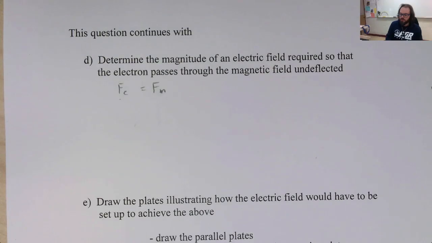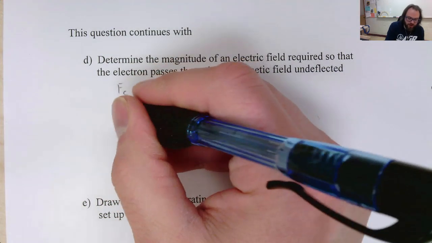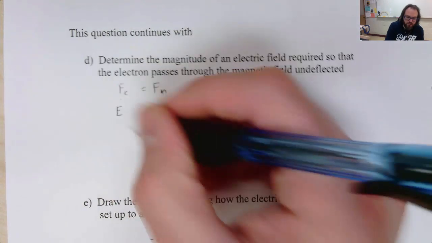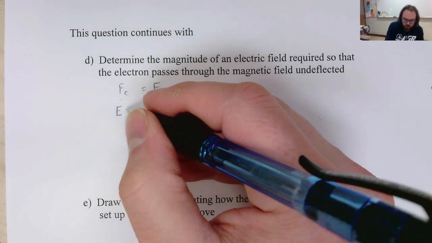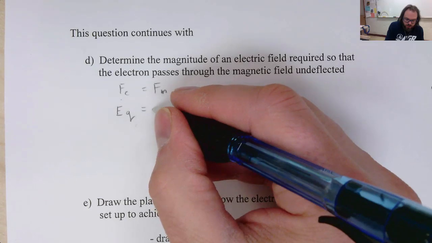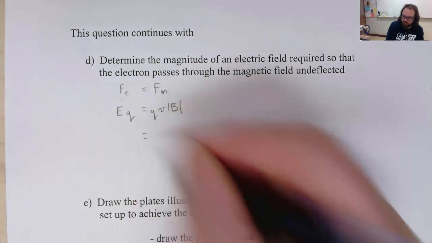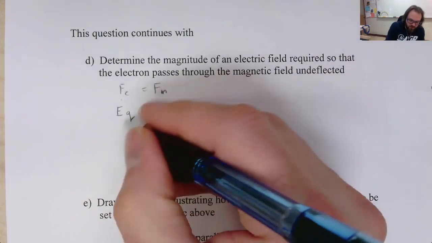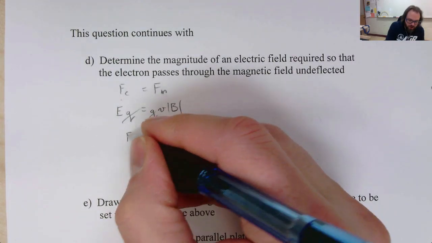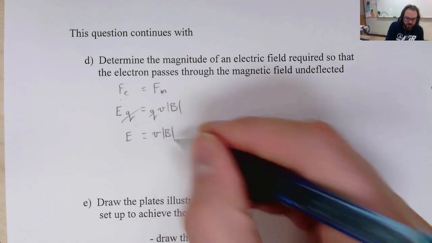The forces must balance. So my electric field multiplied by the charge must be equal to my charge multiplied by its velocity through the magnetic field. In other words, these charges cancel off. We get my electric field is equal to my velocity multiplied by my magnetic field.